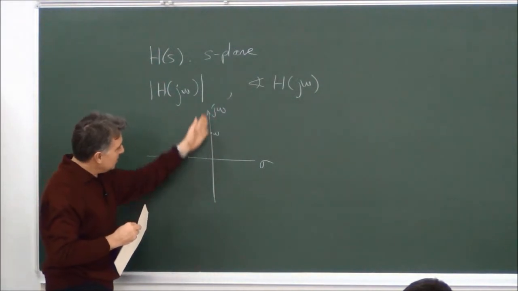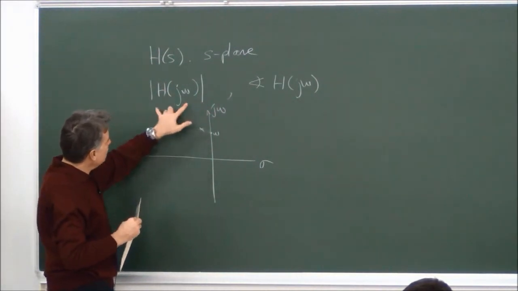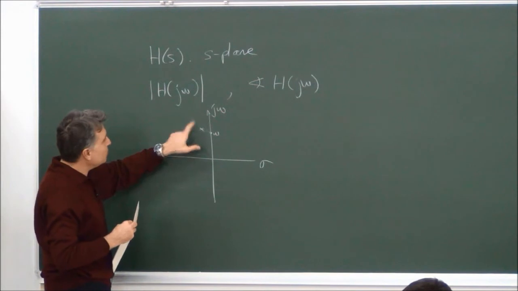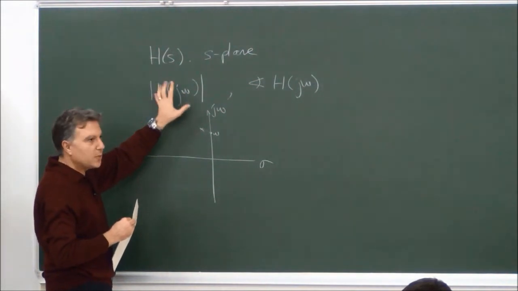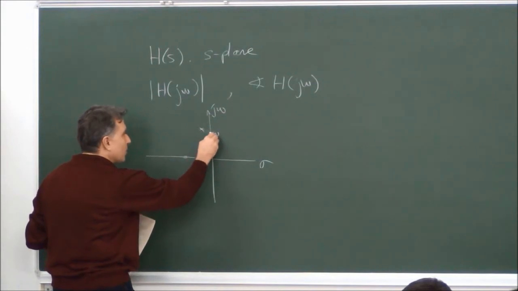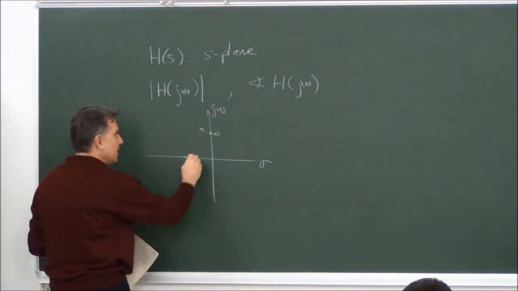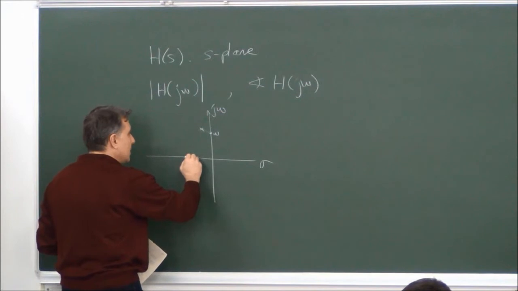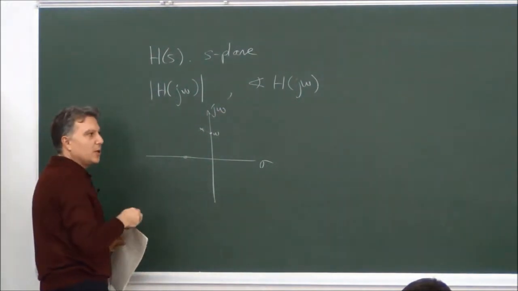You change the omega values, and you take a look at H(j omega), and the H(j omega) magnitude is determined by the distance of your frequency, omega, to a pole and to a zero, if there is one pole and one zero.